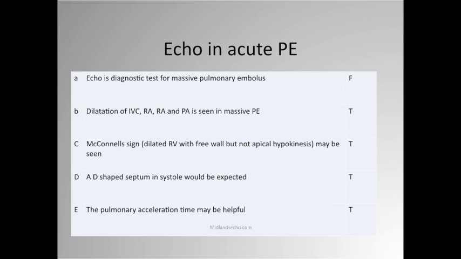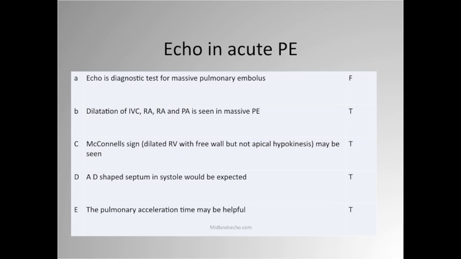Except in the small number of cases where you see a blood clot at the bifurcation, but even then it's not really a diagnostic test. You can't tell it's really a blood clot rather than something else. So CT would be classed as the diagnostic test for pulmonary embolus, and echo would help you diagnose right heart strain for any cause.